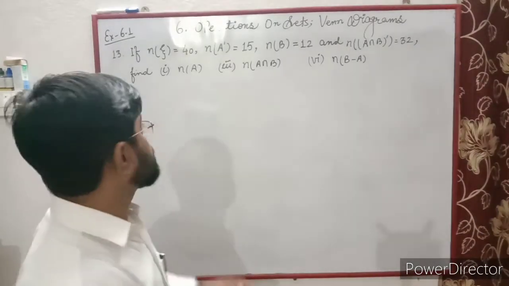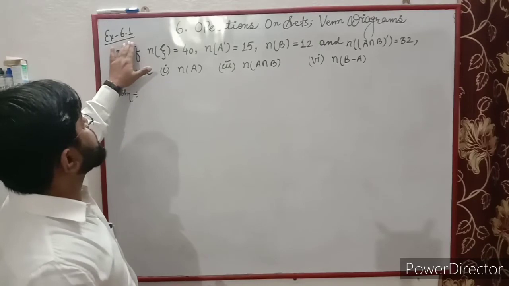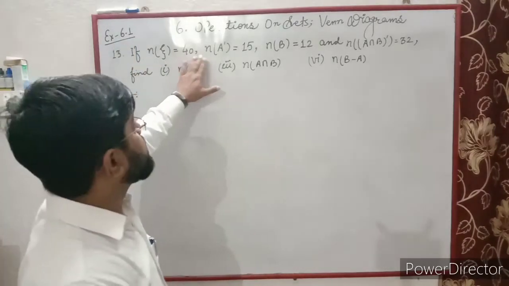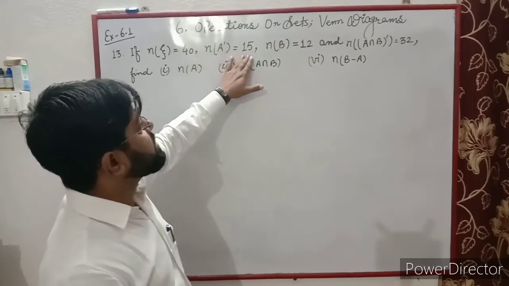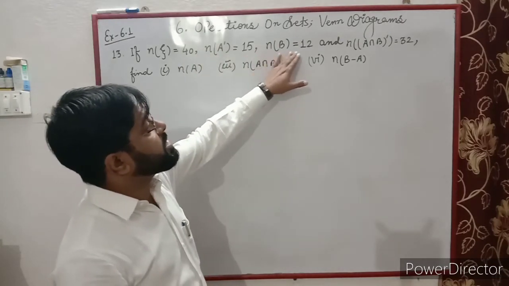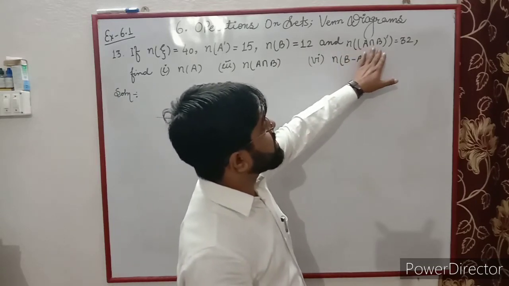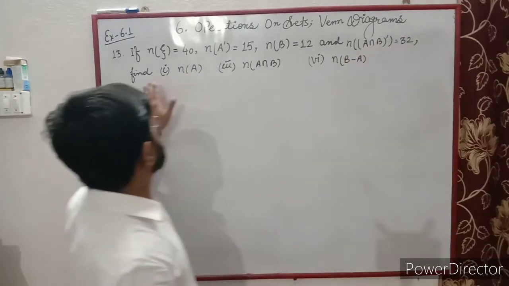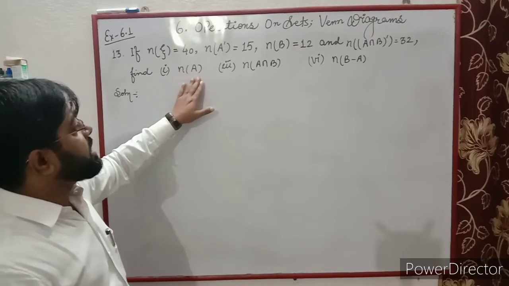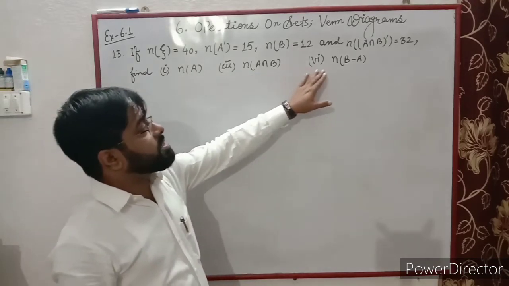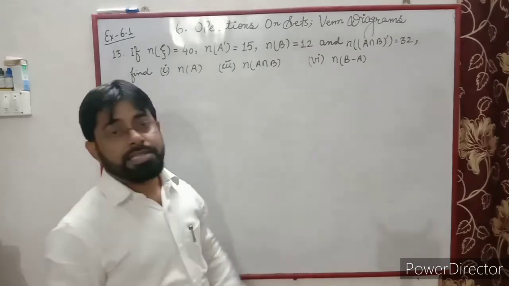Let's see one more question. Question number 13 from exercise 6.1. If n(U) is equal to 40, n(A complement) is 15, n(B) is 12, and n((A intersection B) complement) is equal to 32, find n(A), n(A intersection B), and n(B minus A).